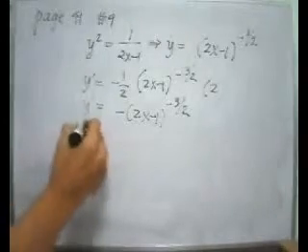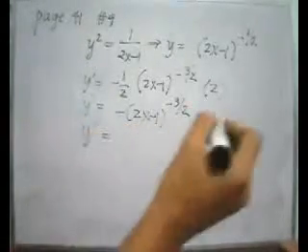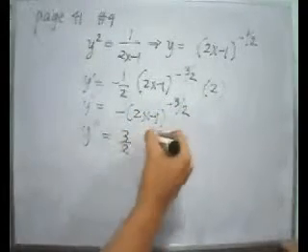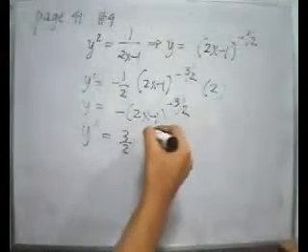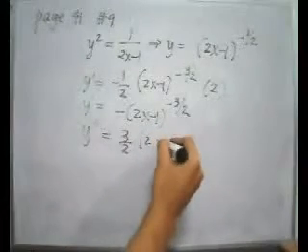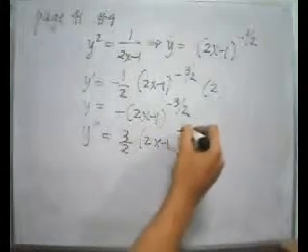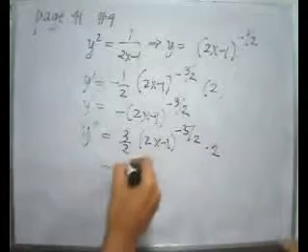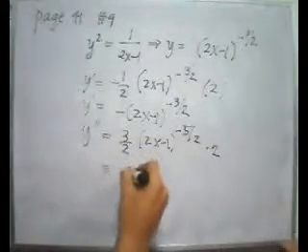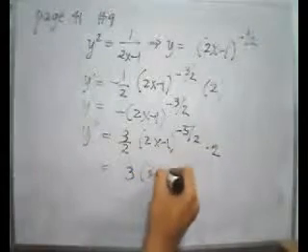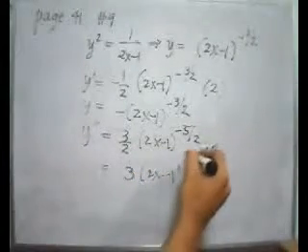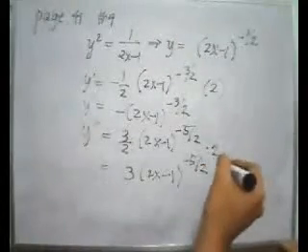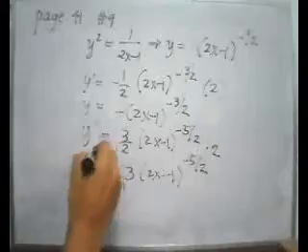This is your y prime. Now your y double prime will be equal to 3 halves times 2x minus 1 to the negative 5 halves times 2. This is just equal to 3 times 2x minus 1 to the negative 5 halves. Okay, that's your y double prime.